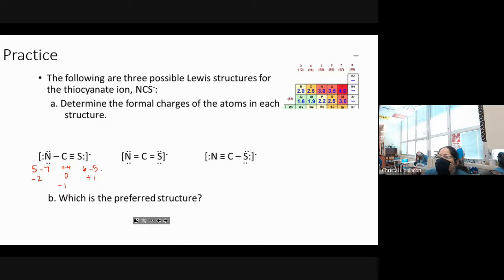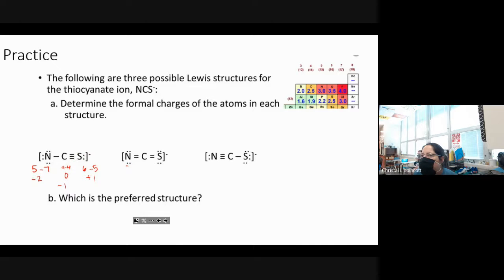So that is the structure here. Let's look at this one. Does anybody not understand where I got these numbers from? Talk to me if you don't. I thought you said that we had to divide it by 2, right? Well, yes. These bonds, normally you would count as 2 electrons, but now you're just counting them as 1.